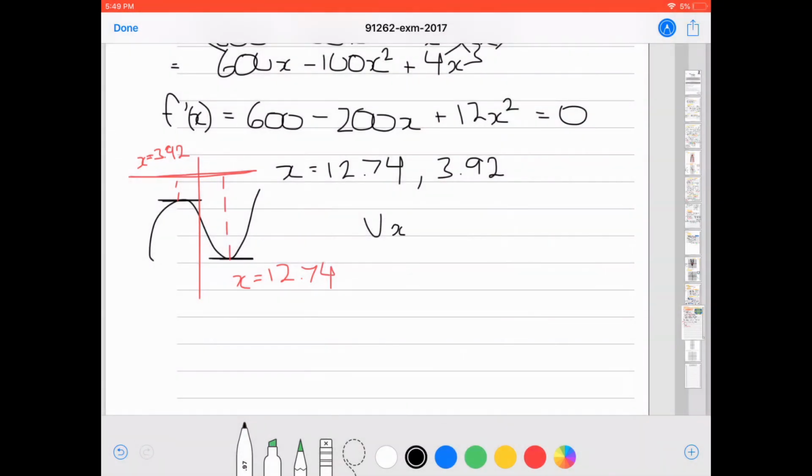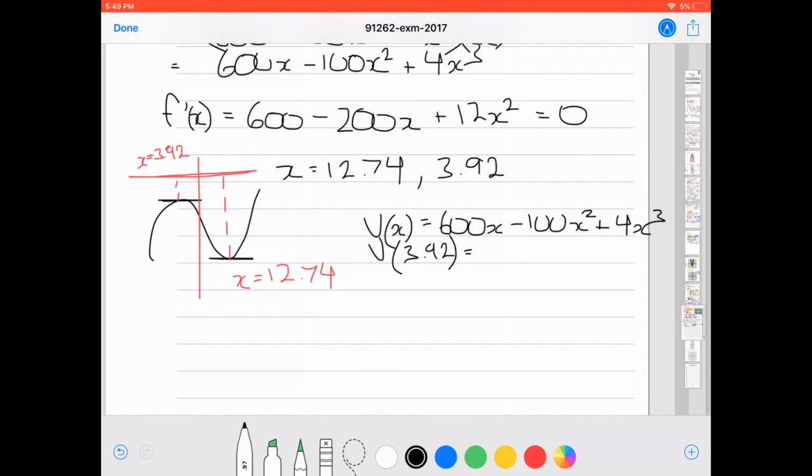So if we've got V of x equals the function, now what was it, 600x minus 100x squared plus 4x cubed, yeah, that sounds about right, we can say V of 3.92 equals this whole thing again.